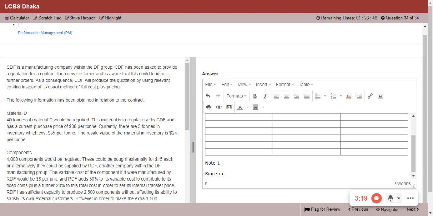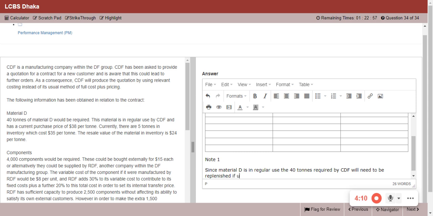Since material D is in regular use, the 40 tons required by CDF will need to be replenished if used in the project.